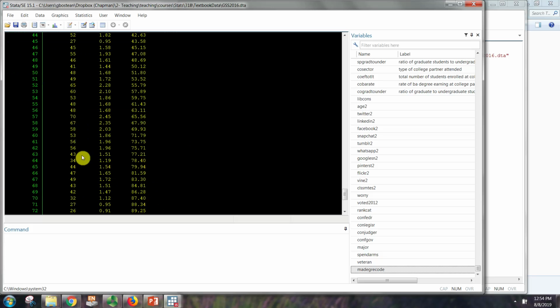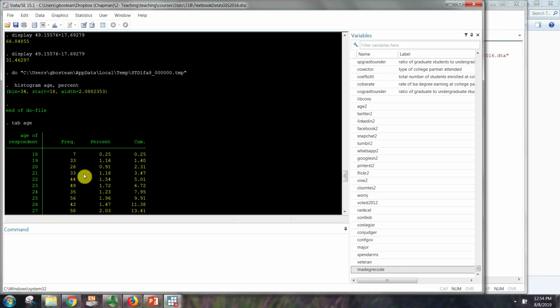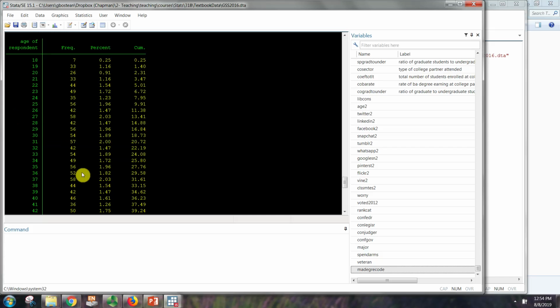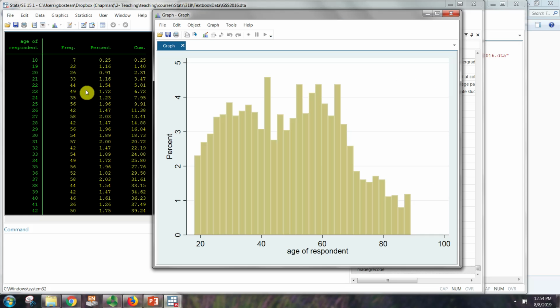So this is cumbersome. We don't use the tabulate command on data, but the histogram gives us a better summary essentially of what this is. It gives us a visual summary of the data distribution.